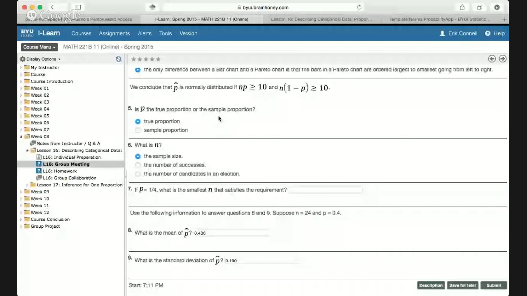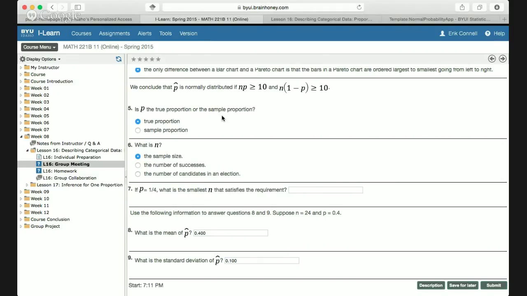Okay, so do we just plug in numbers until we find it? I think so. Yeah, until you get to 10. Oh, and n(1 minus p) is greater than or equal to 10.